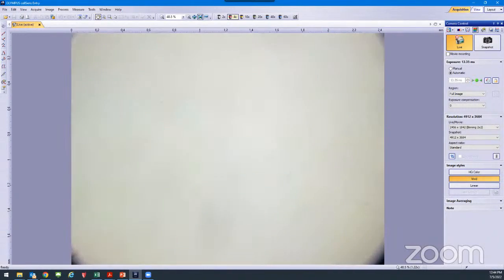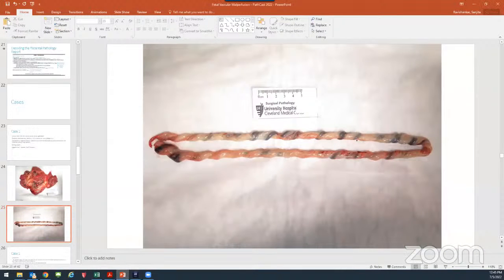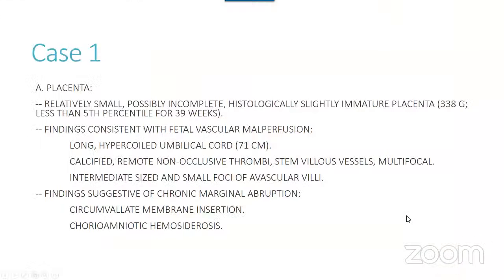So this case, the way we wrote it up, this was relatively small, histologically slightly immature, and small, as you can see. We had findings consistent with fetal vascular malperfusion. The cord was long and hypercoiled, so we had two knocks against us there.